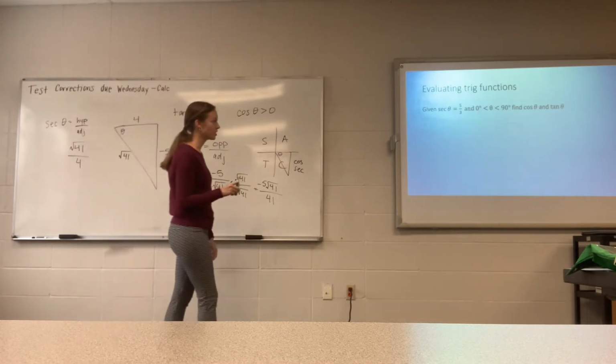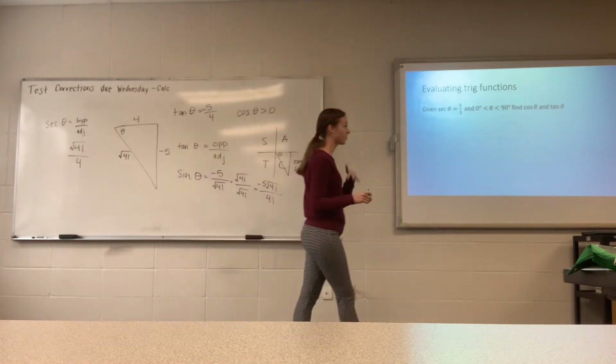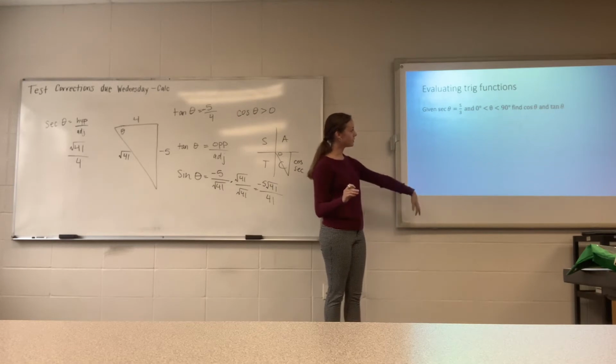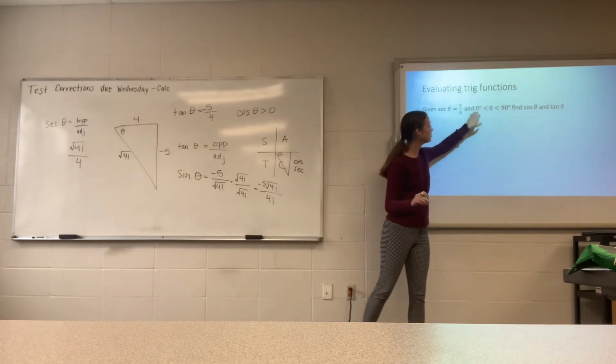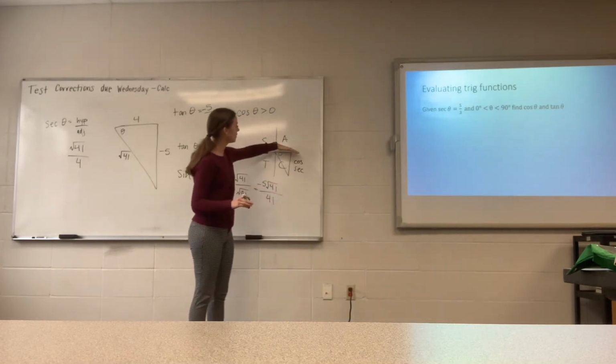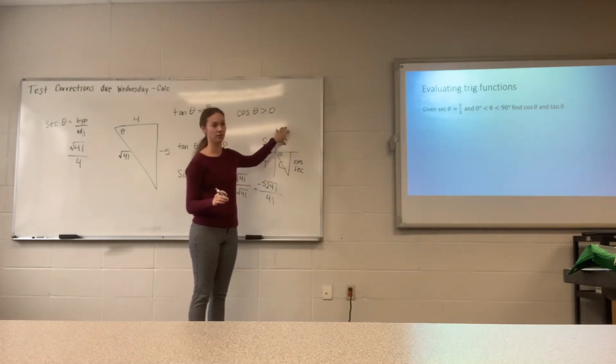So this time we're starting with our secant of theta being 5/3, which is going to help us to draw our triangle. In the quadrant, it says that our angle is between 0 and 90 degrees. So automatically, if I'm between 0 and 90 degrees, that puts me in the first quadrant.